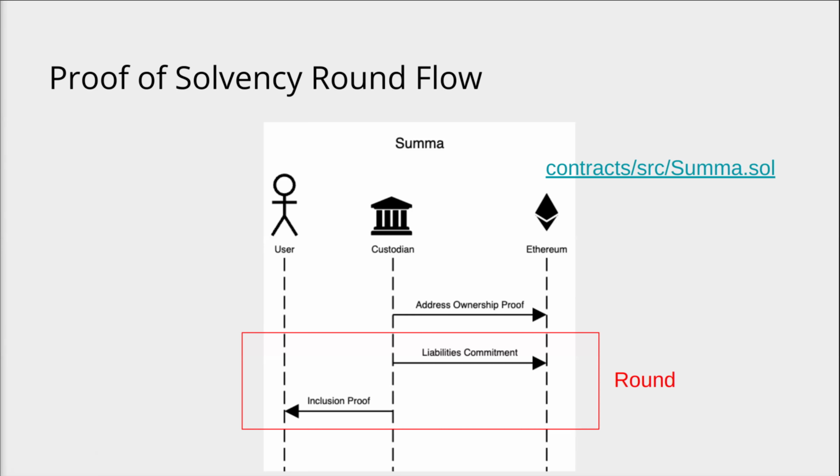In every round, the user needs the commitment for the specific round to verify their inclusion proof within the contract. However, the ownership proof is not required for verifying the inclusion proof. Now let's proceed to examine these three, focusing on their implementation in the Summa contract.